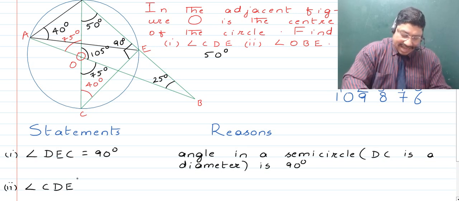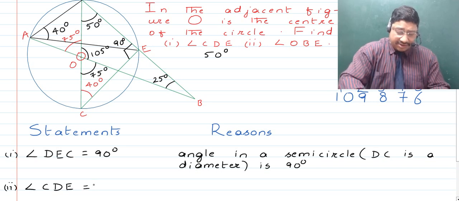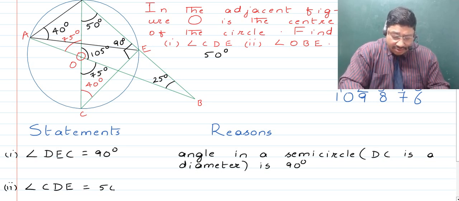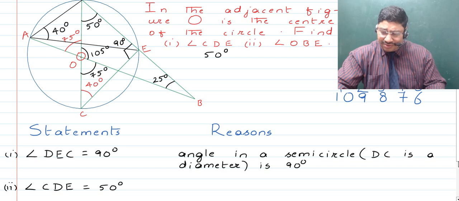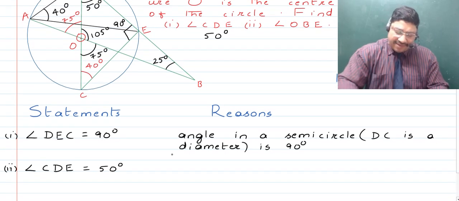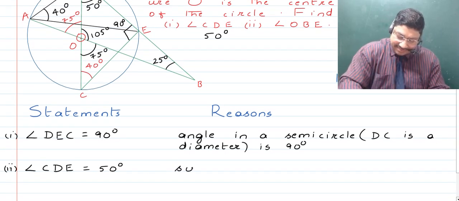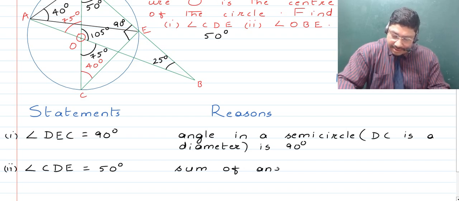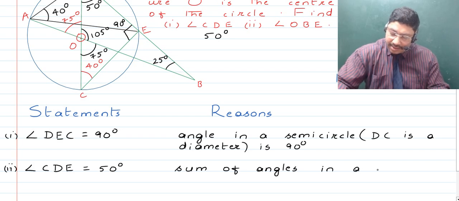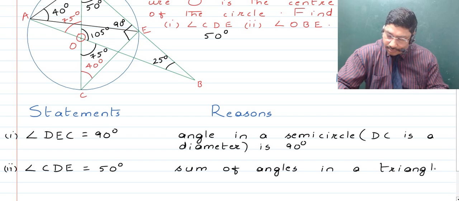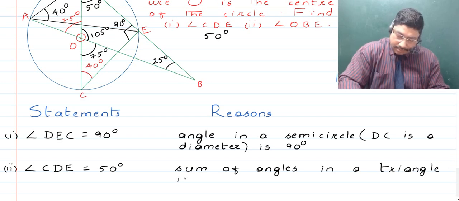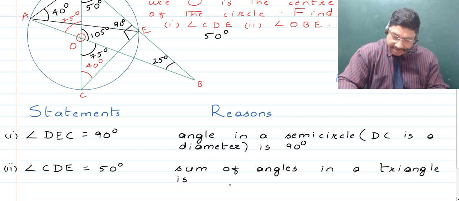CDE is the angle as well as it is also the triangle that we are referring to, and that will become equal to 50 degree, and simply you just got to say sum of angles in a triangle is 180 degrees.